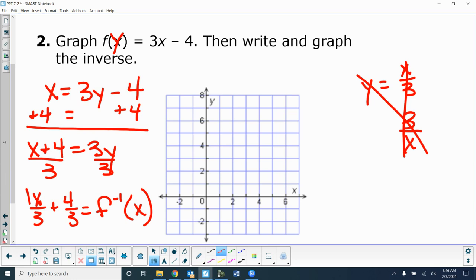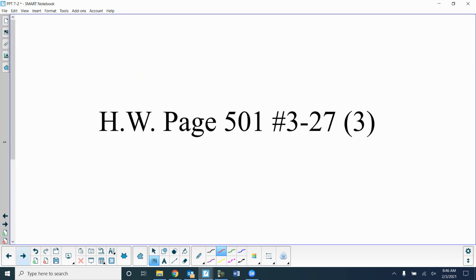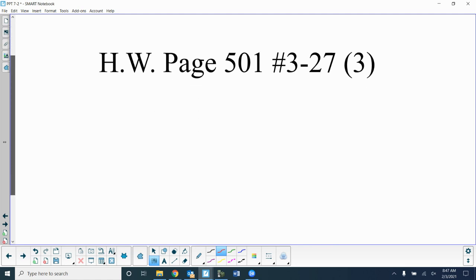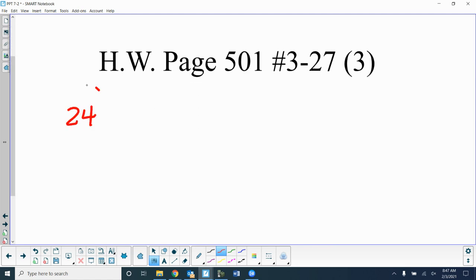Why don't we look at 24? Because it would have a decimal in it. Okay, so y equals 145 plus 12.5x.